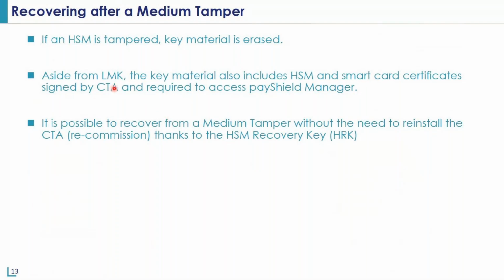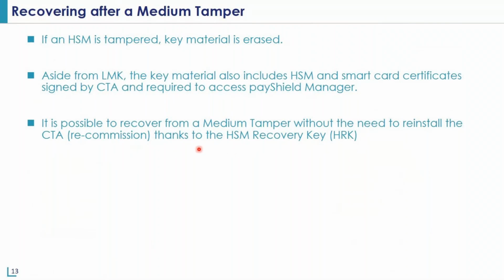Aside from the LMK, the key material also includes your HSM and smart card certificates, your public and private key, which is signed by your CTA. If you do not want to reinstall the CTA again to recommission your PayShield 10K, to save those steps, we have the HSM recovery key, HRK.